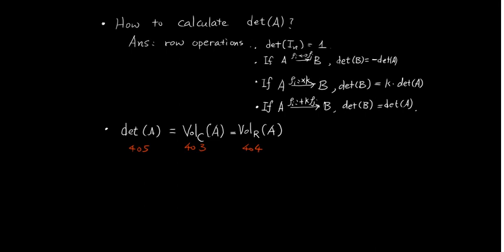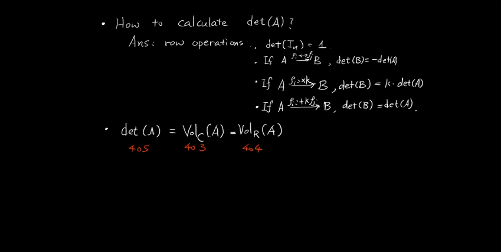So basically they have the same quantity, although they have a bit different meaning. Determinant is a mathematical term without any meaning, but the column version is using the columns of the matrix to generate a parallelotope, and for the row, it is using the rows. So it is not really obvious that it is always the same.